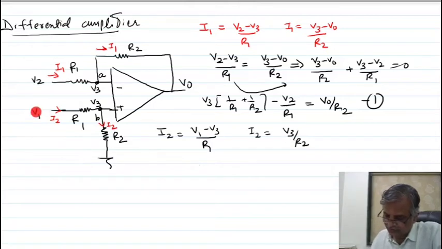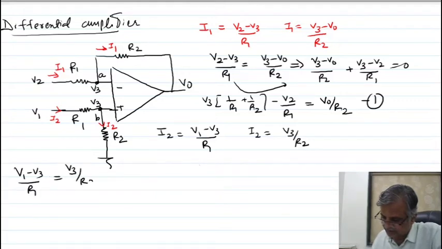Look here, (V1 minus V3) upon R1 is equal to V3 by R2, equal to I2.